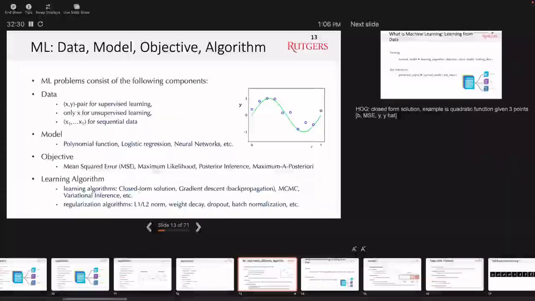Regarding sequential data, one typical example is time series data. For example, this is time, and this is the stock price for Google today, after it announced that it's going to lay off more than 10,000 of its employees.